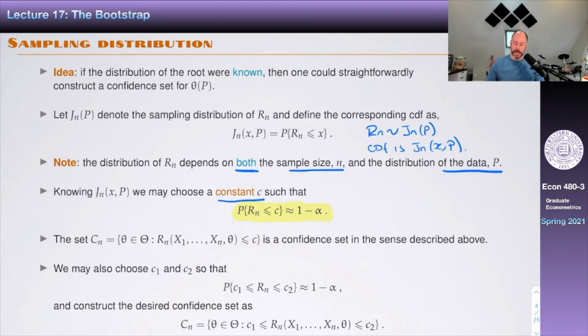And so then we can construct a confidence set by just collecting all the values of theta such that the root is less than or equal to this c. And this is going to satisfy the property that we described before.